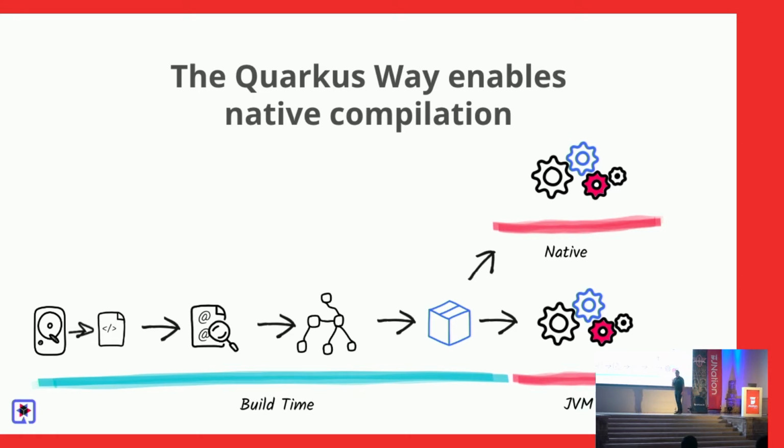Optimized is important here. We have seen competitors doing the same thing, but taking shortcuts, making compromises. We don't want to make compromises. We want to have the most optimized native images. Why? Because if you use native, it's for two reasons: memory and startup time.